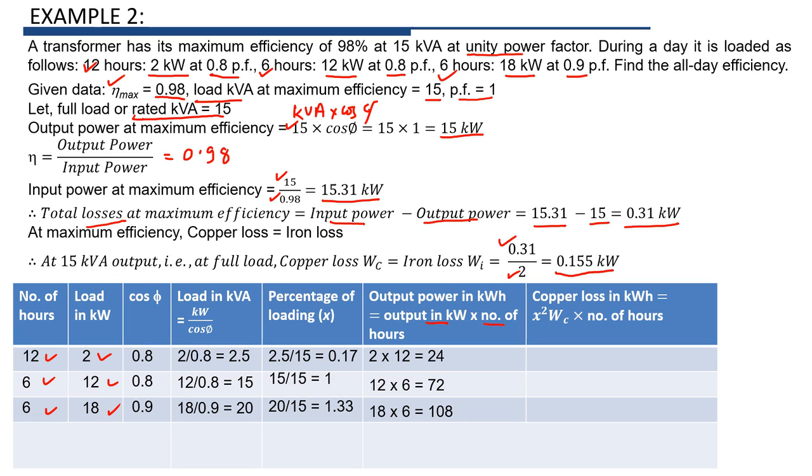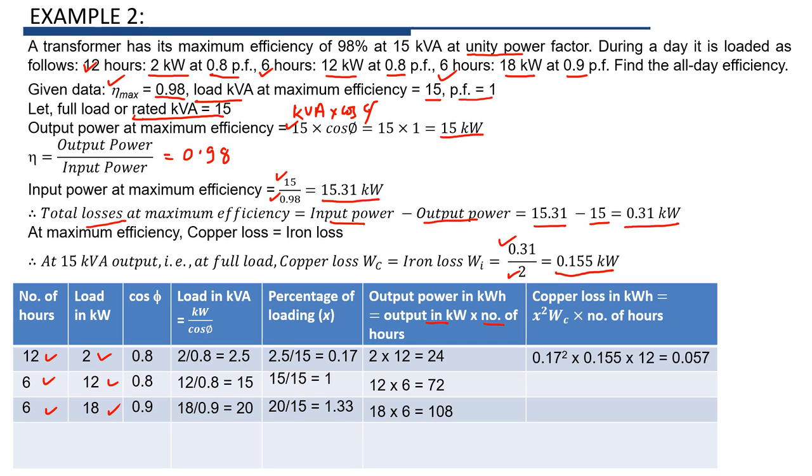Now the copper loss in kWh. Copper loss in kWh is equal to x square Wc, which is the copper loss in kilowatt, multiplied by number of hours. In the first time slot X is equal to 0.17, so 0.17 square into Wc, which is 0.155, into number of hours, which are 12.